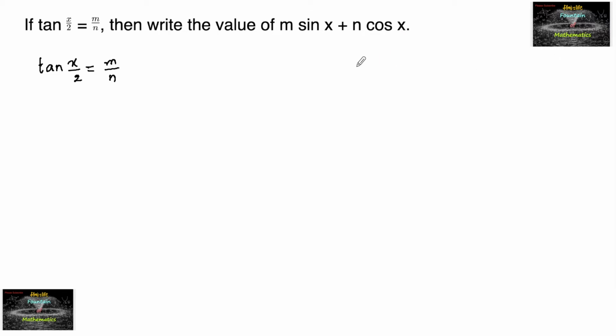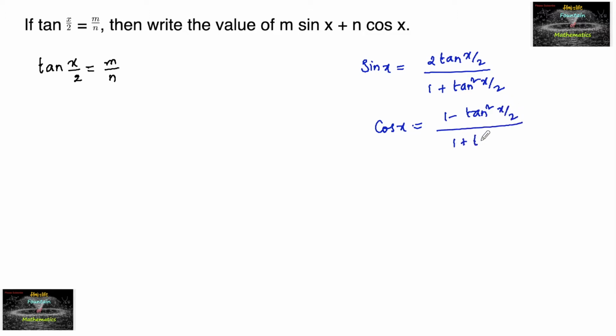Since we have sin x is equal to 2 tan x by 2 upon 1 plus tan square x by 2, and cos x is equal to 1 minus tan square x by 2 upon 1 plus tan square x by 2.